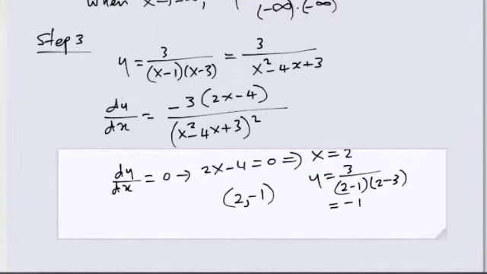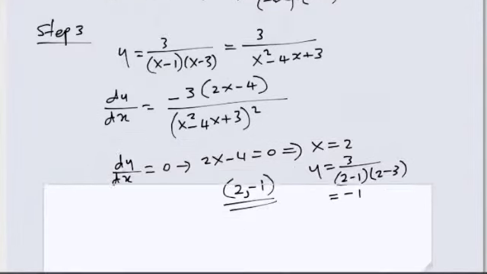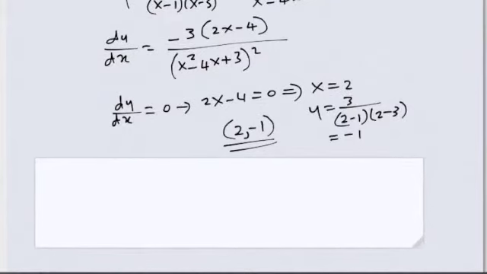So let's determine the nature of the stationary point. So let's put the value of x underneath and dy/dx above, and there is a stationary point at x equal to 2.